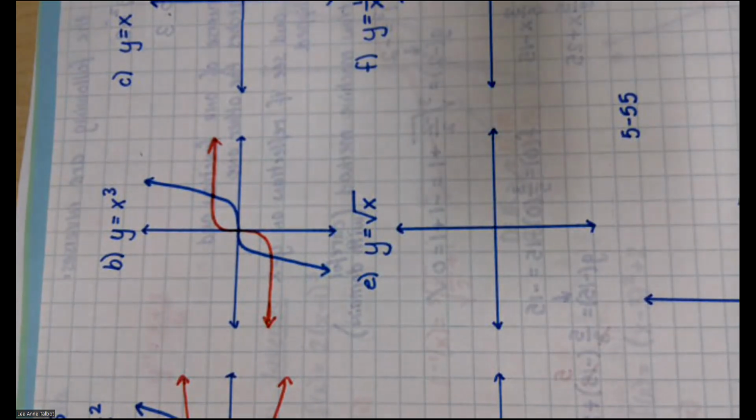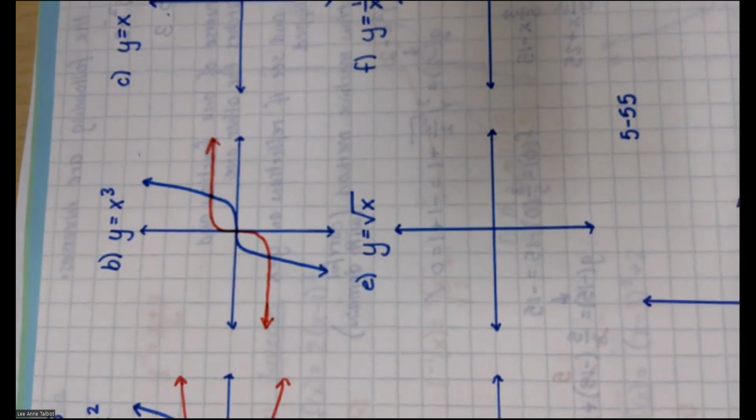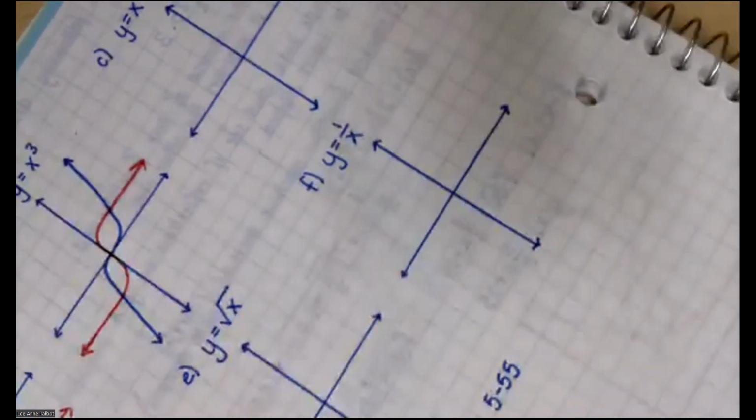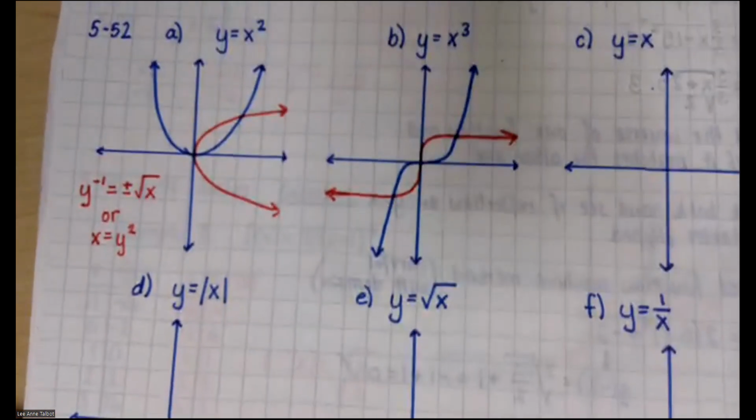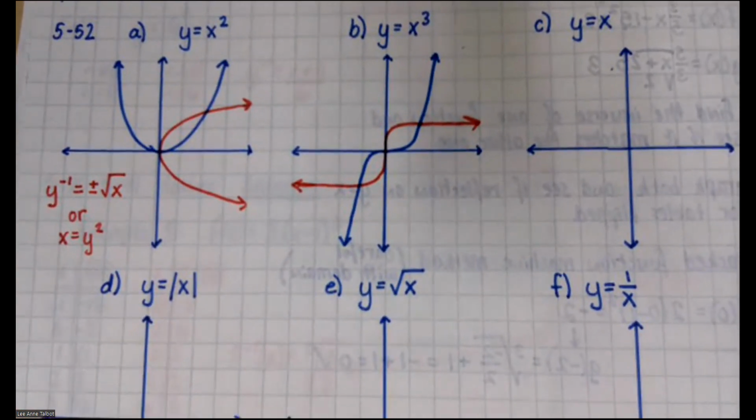Okay, notice it's not an exact copy this time because it has to be reflected. Yeah. The reason we got away with it with the parabola was because it was symmetric.